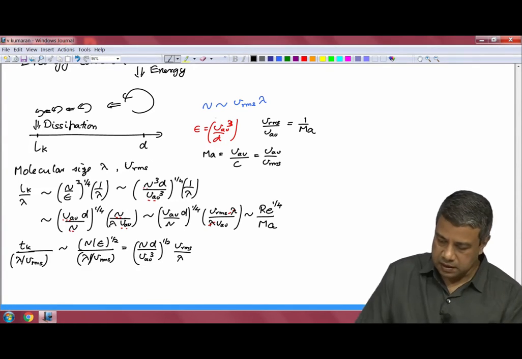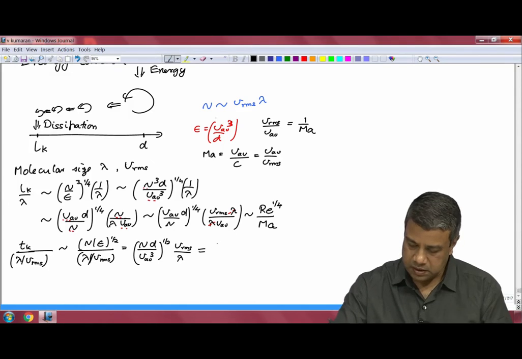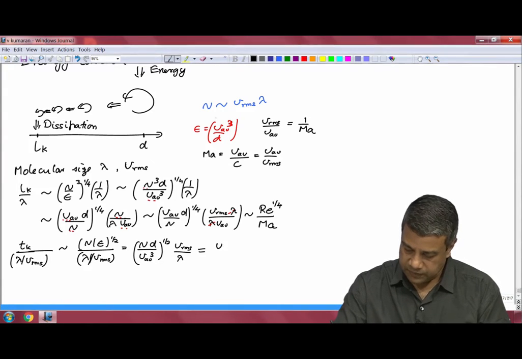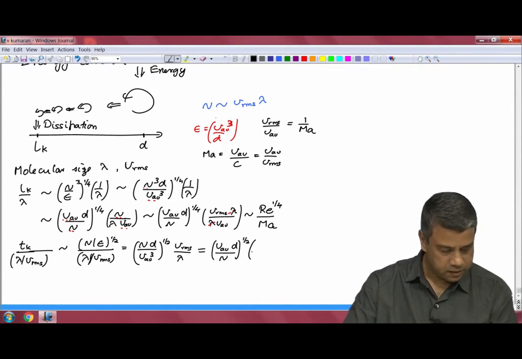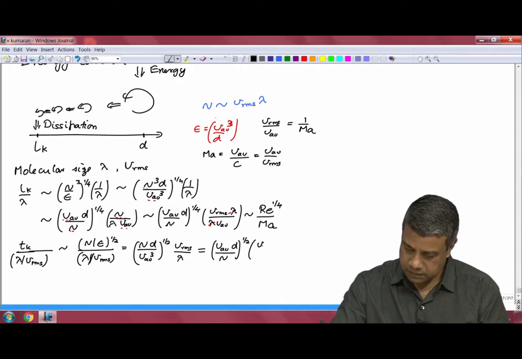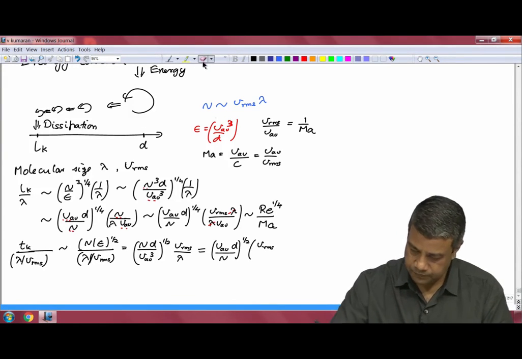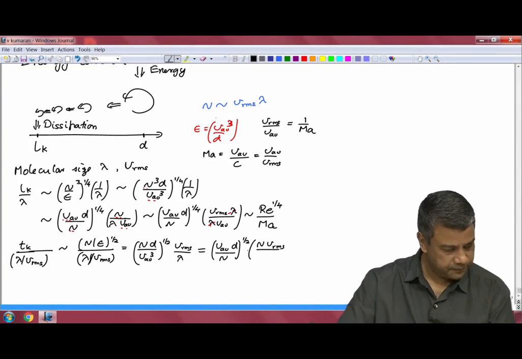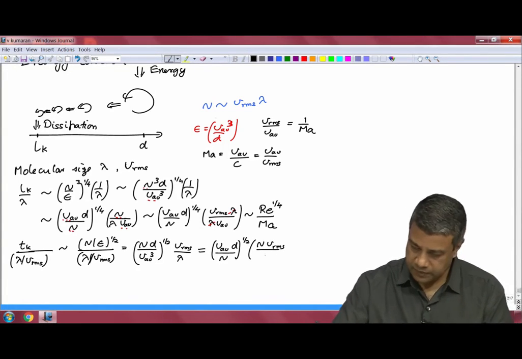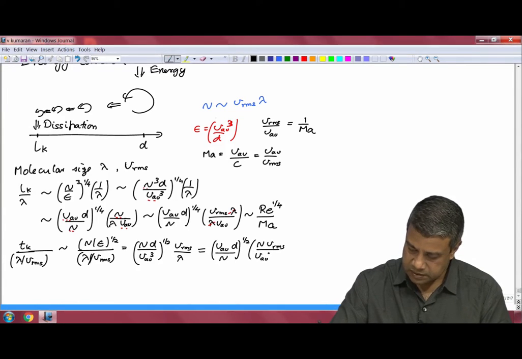So, once again I can write this as V average d by nu whole power half into Vrms into nu Vrms by V average square lambda.